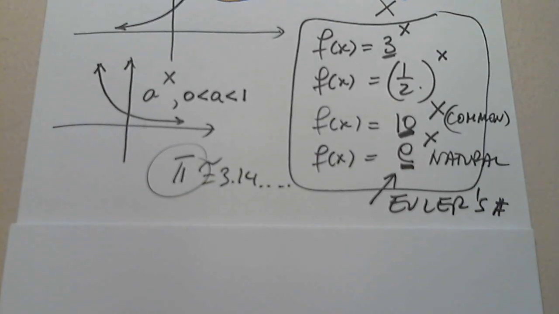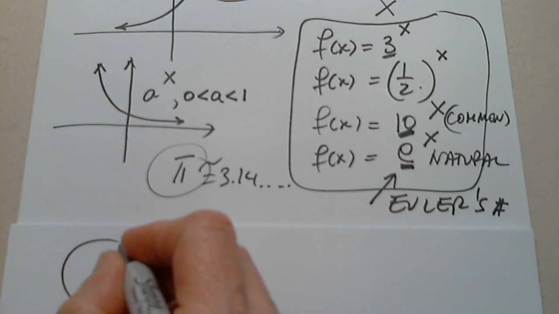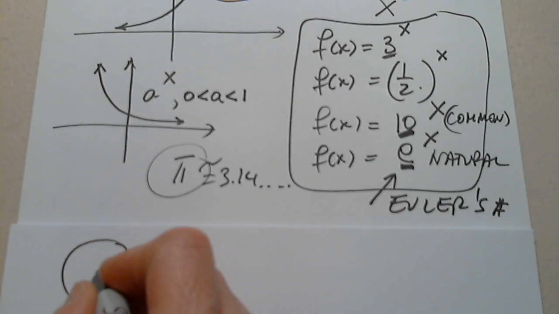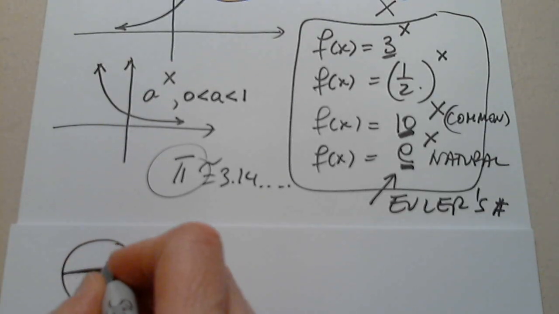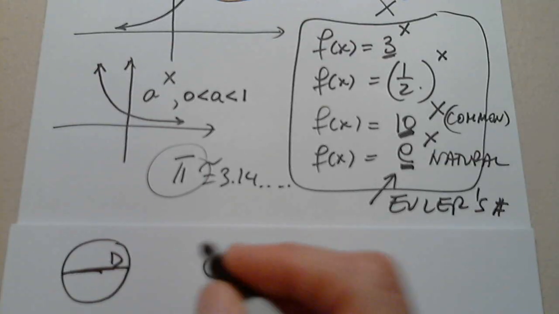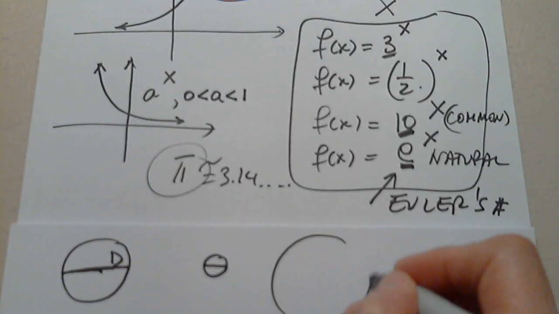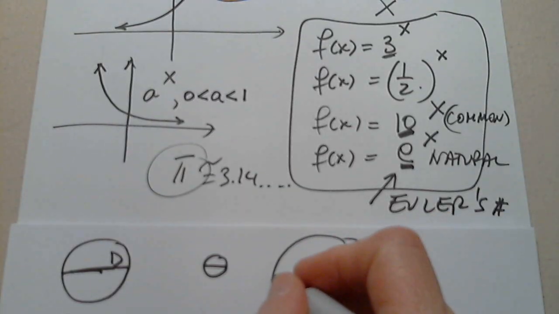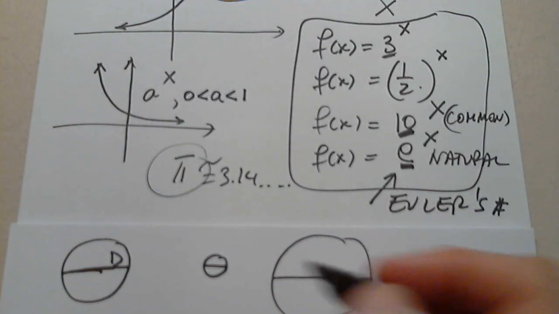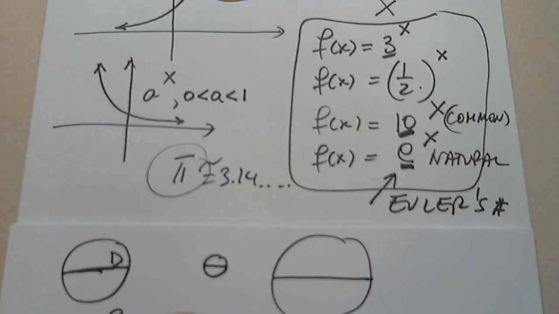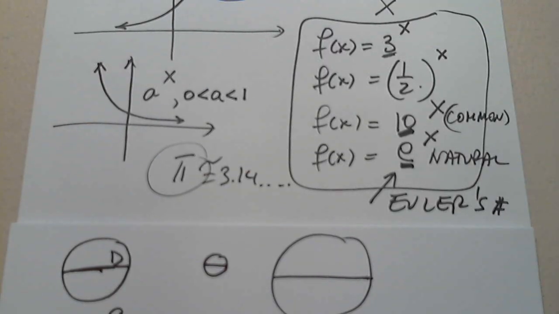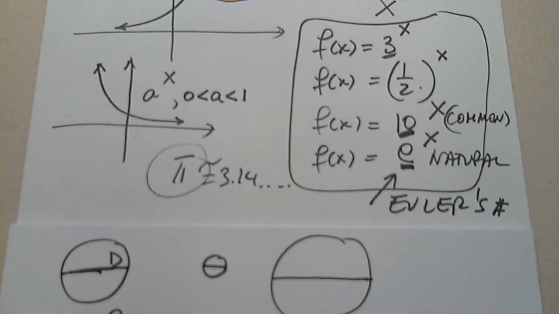So in this circle, they measured the circumference and divided by the diameter. And at this circle, they measured the circumference and divided by its diameter. And then at this one, they measured the circumference and divided by this diameter. All these, the circumference over 2 times the radius, for all of them was this number, always. They got that number.